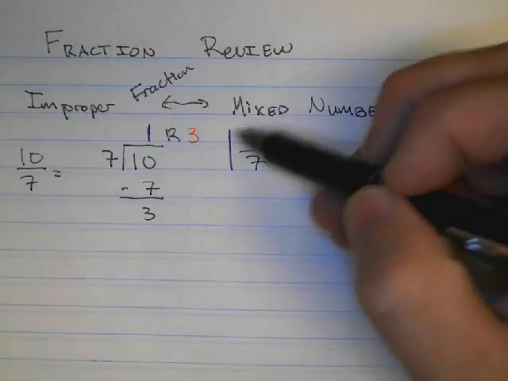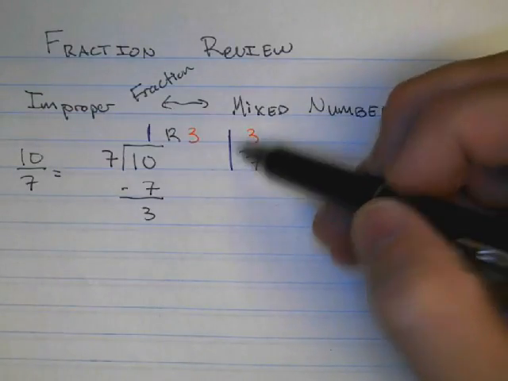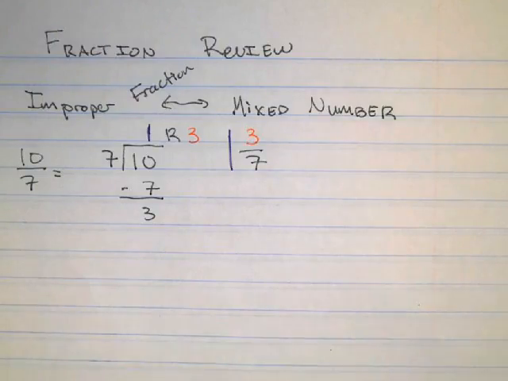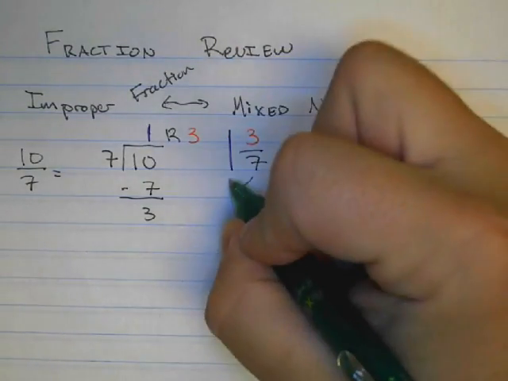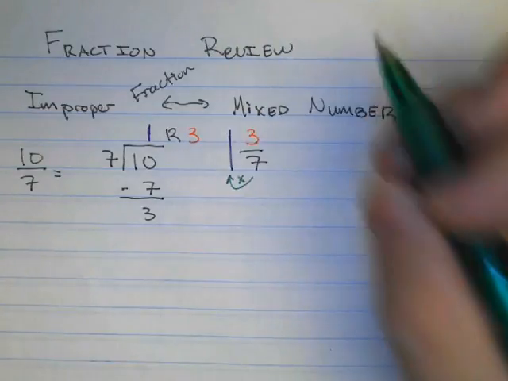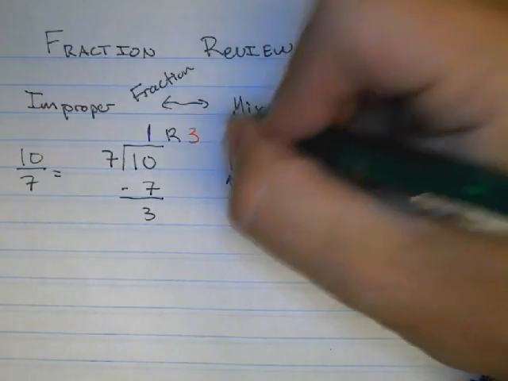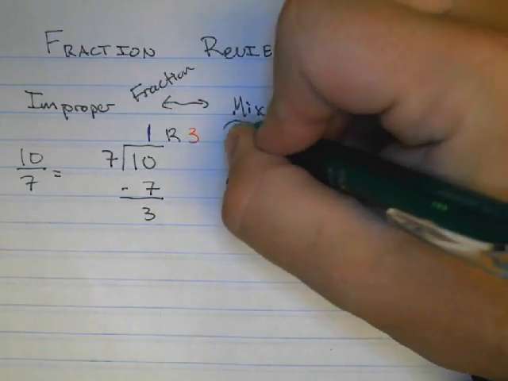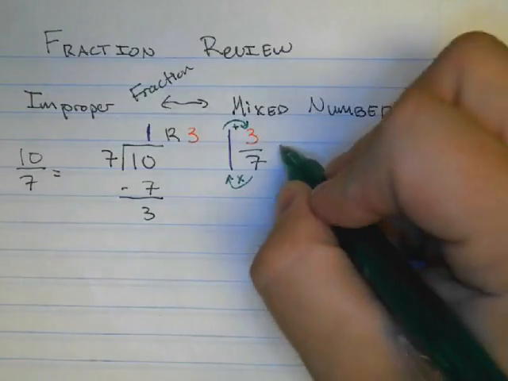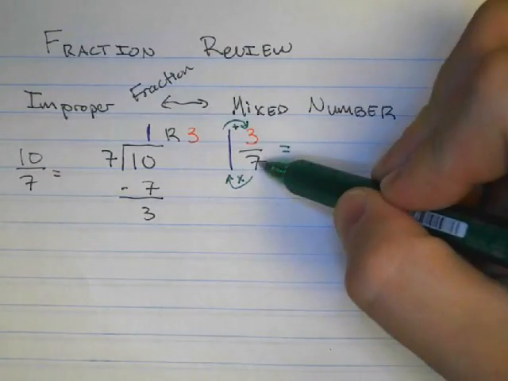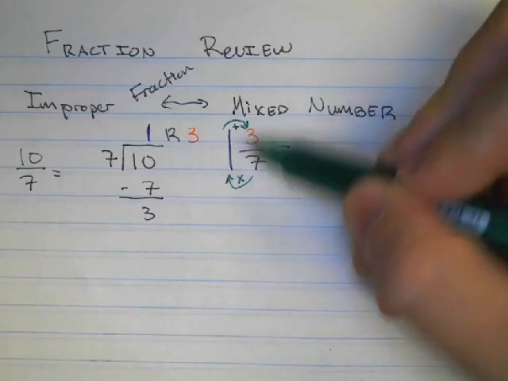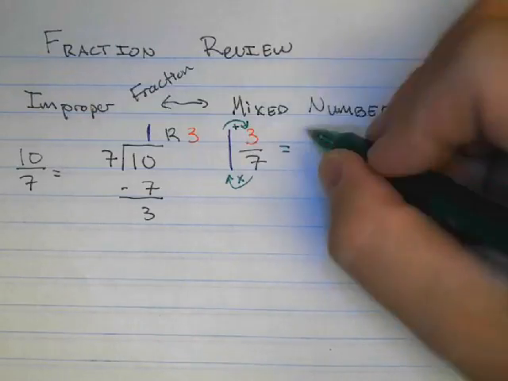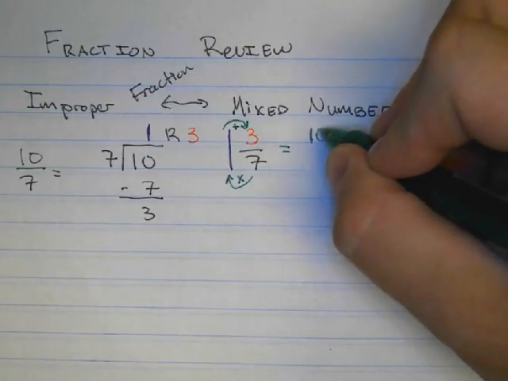Now if I want to turn this back into an improper fraction, what I will do is multiply, and then after I multiply, I add. My denominator will stay the same. So we'll do 7 times 1 is 7. 7 plus 3 will be 10.